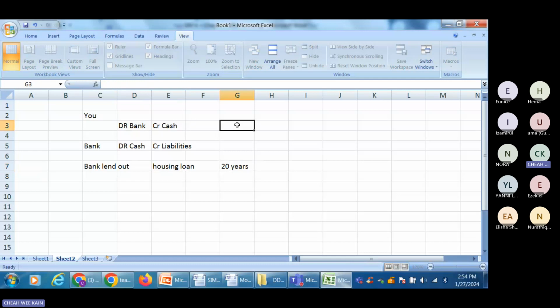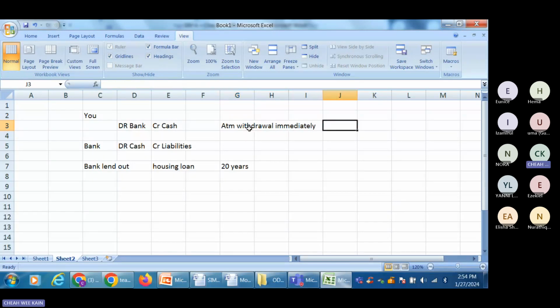Now when you put money in the bank, you can draw from the ATM immediately, but maximum maybe 5K, right? So you put money in the bank, you can use the ATM to draw immediately.